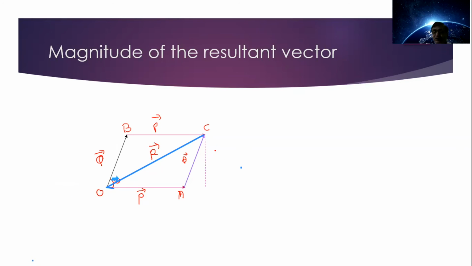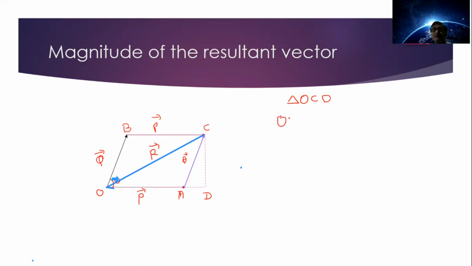Let us designate this point as D. Now from the triangle OCD, apply the Pythagoras theorem.